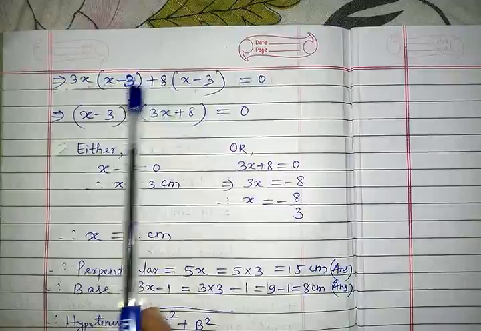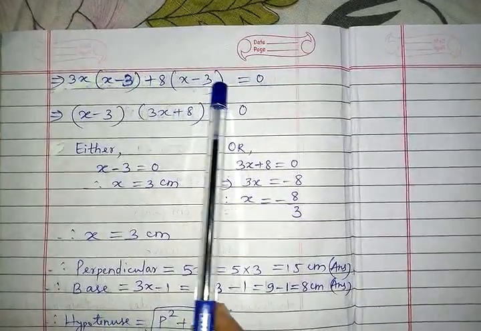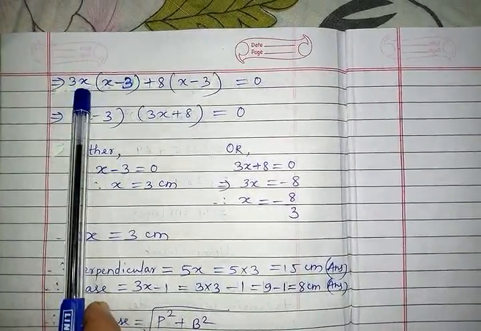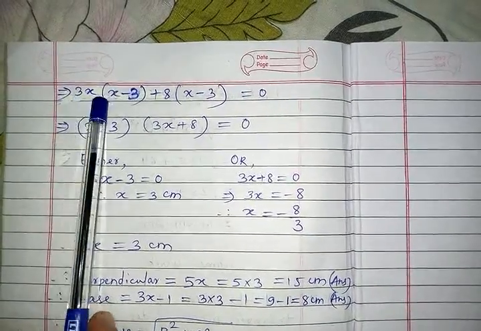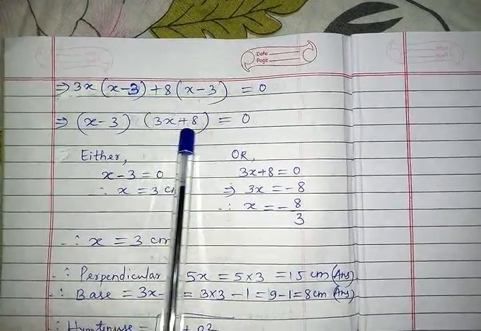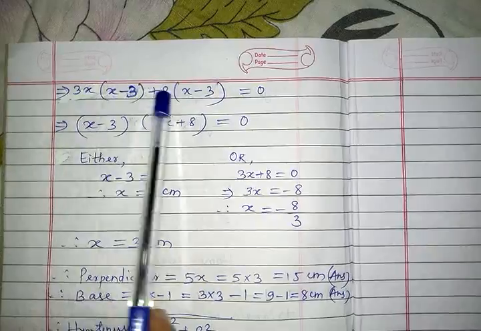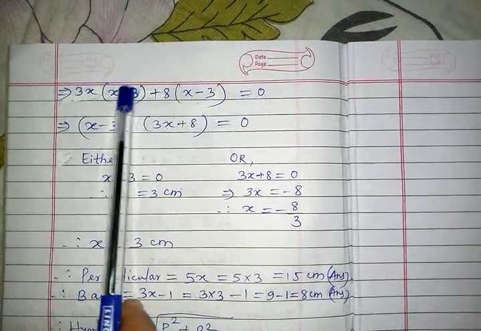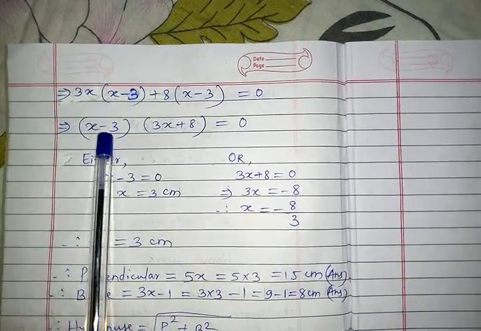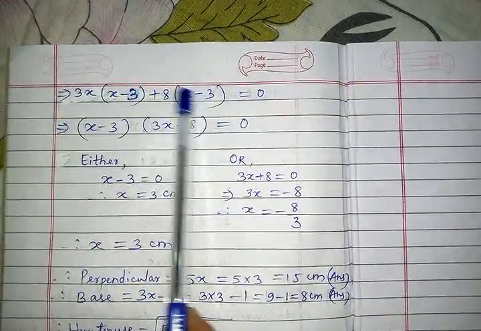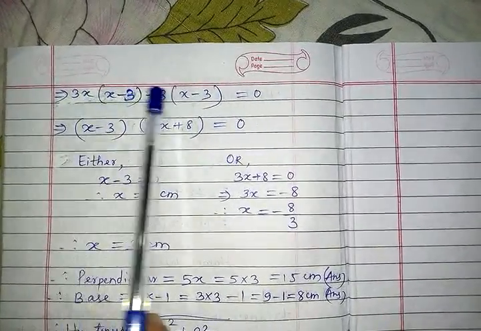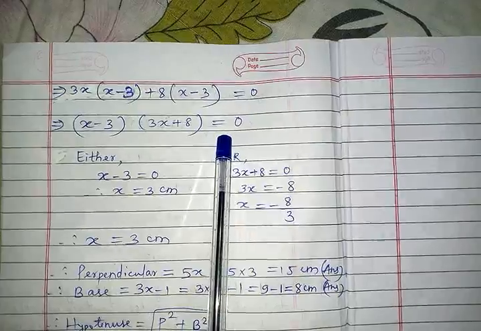So this x minus 3 comes here, and the expressions outside the bracket, 3x and plus 8, come in a single bracket. We get common x minus 3 from both, and 3x plus 8 comes here, equal to 0.